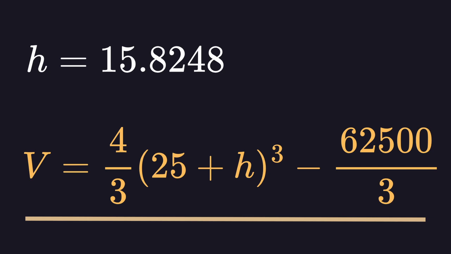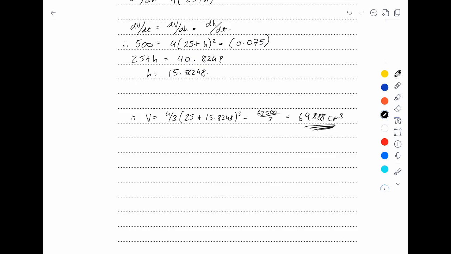And lo and behold, we get V is equal to 4 over 3 times (25 plus 15.8248) to the power of 3 minus 62,500 over 3, which gives us 69,888 centimeters cubed.